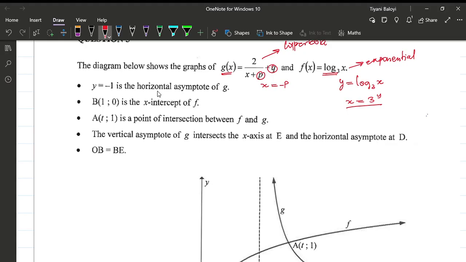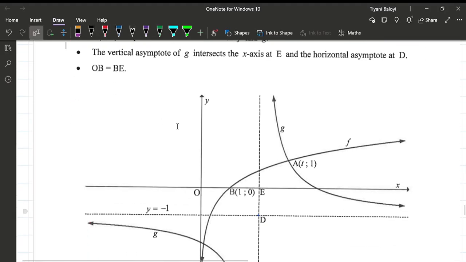It says that A, which is (t; 1), is a point of intersection between f and g, so it's talking about this point here. It lies on g and f, so we can use either equation to find the value of t. And then you also have this B here, which is the x-intercept of f.